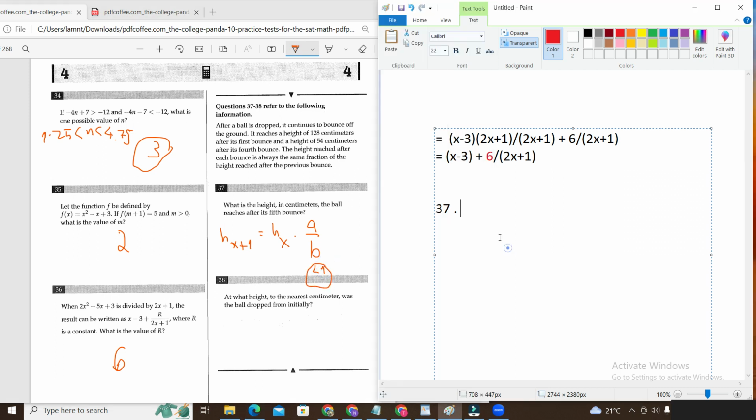Okay, so we can have that intuition. So h of x plus 1 is h times just a fraction a over b, with a over b less than 1. Alright, what's next?